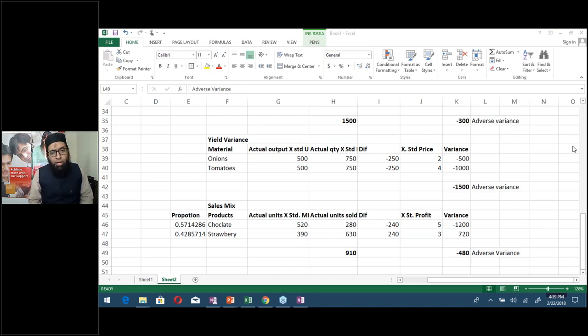The other way to look at it is that if the question provides the standard contribution per unit and not the profit per unit, then of course you will use the given contribution per unit. So this will be told by the examiner.